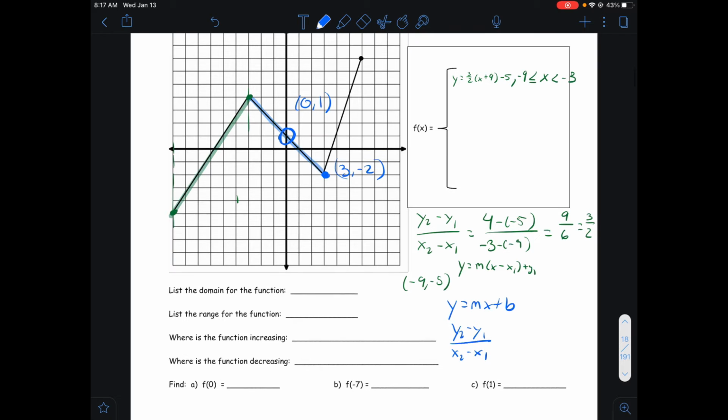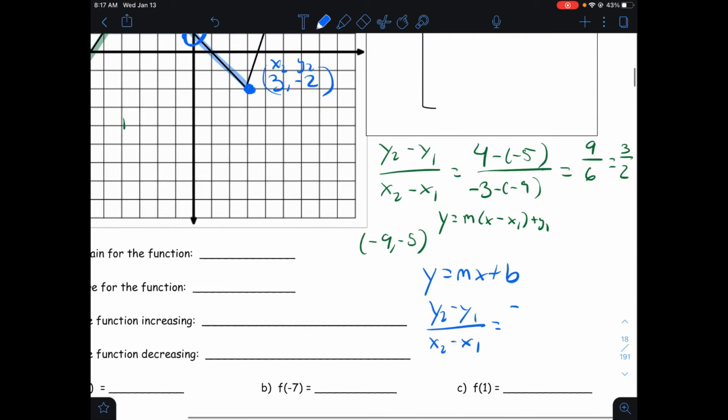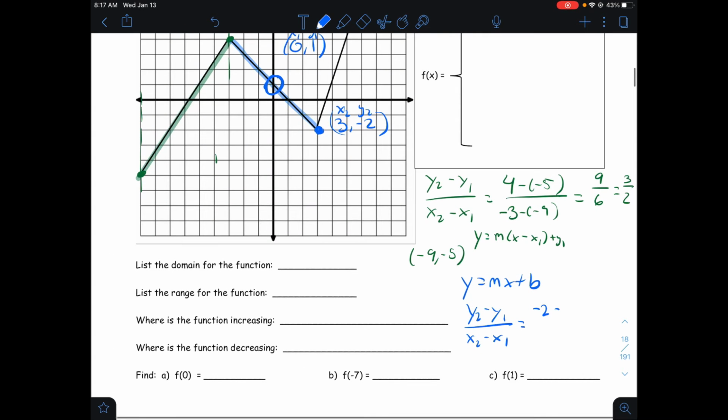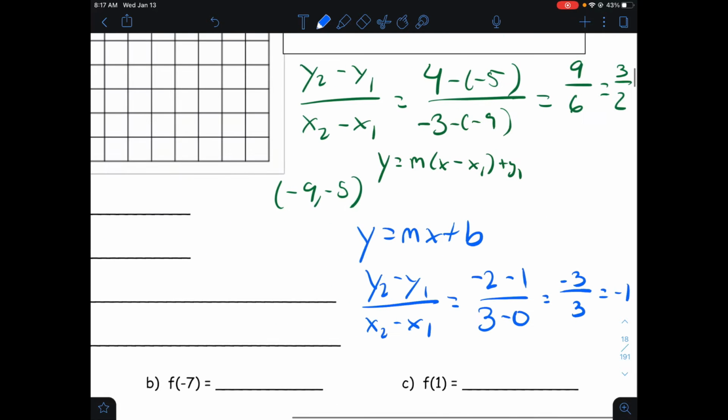We get -2 minus 1 all over 3 minus 0. So I'm going to end up with negative 3 over 3.